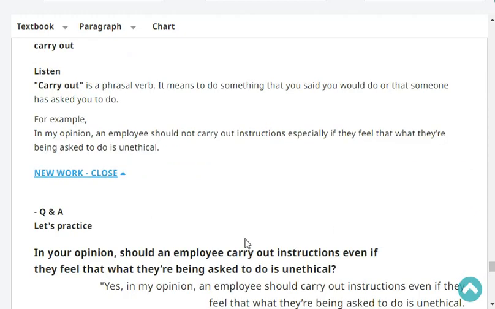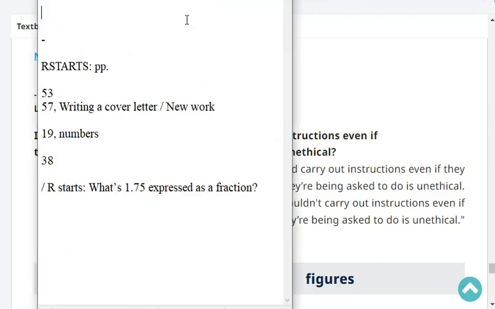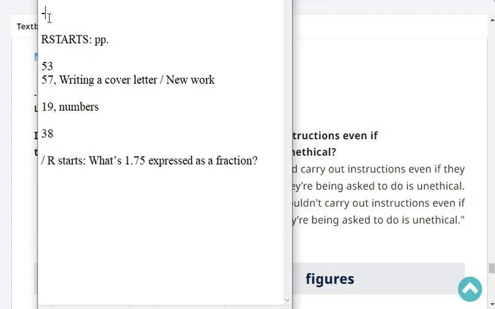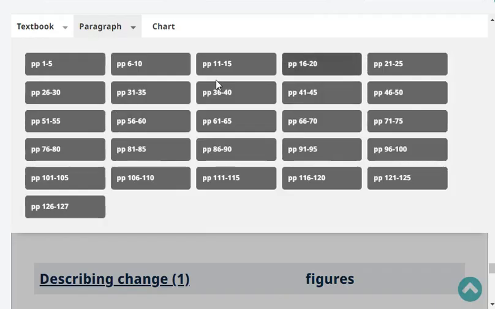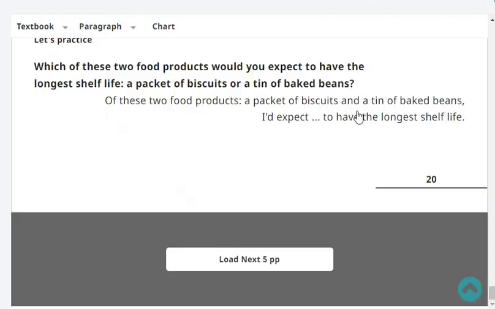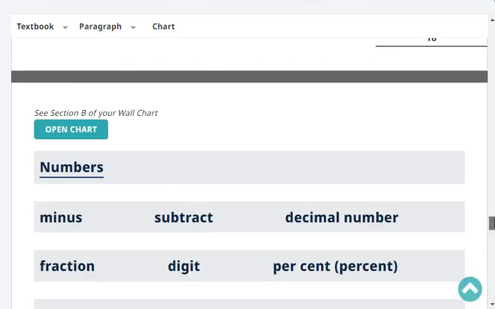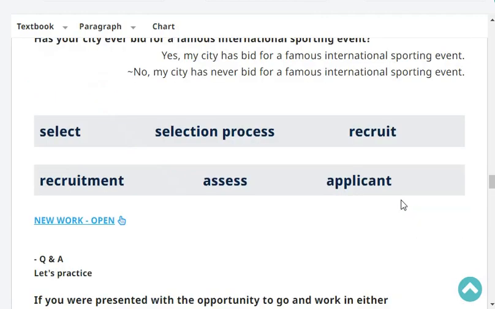Okay, so now let's move on to reading. Our reading ended at page 19. Last headword was number. Start at the question: what's 1.75 expressed as a fraction? 1.75 expressed as a fraction is 1 and 3 quarters.